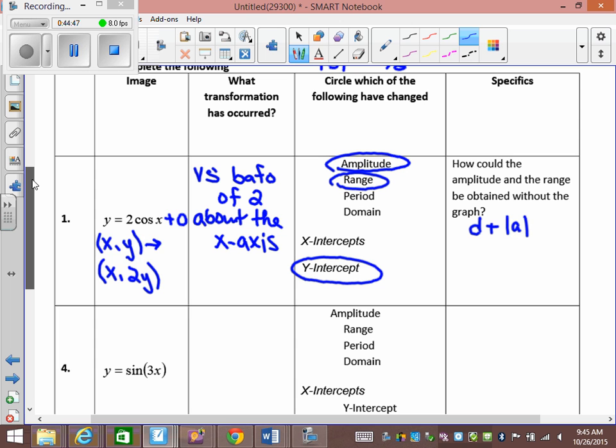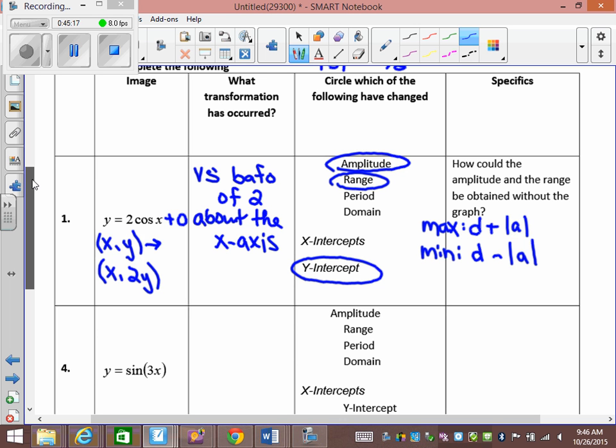If I take that d value and subtract from it the amplitude, I'll get my min. So if you want short form, you don't have to graph it. Your max is always your d value plus the absolute value of a, and your minimum is your d value minus the absolute value of a. It just happens that our d values for all of today's lessons will be 0 because we're not doing vertical translation. We're just doing structure.